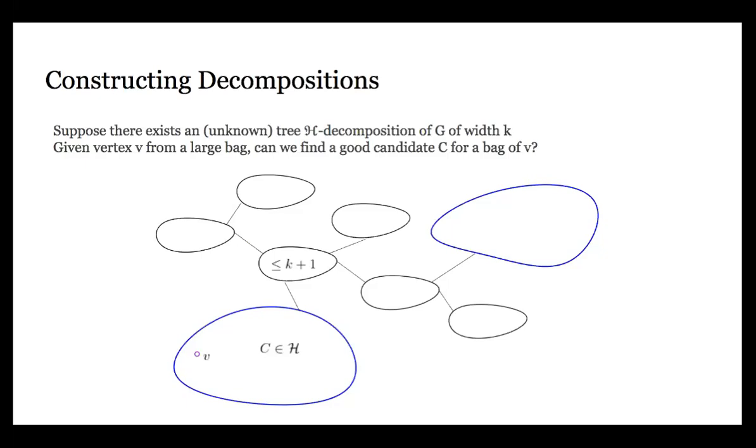So we want to find some vertex set C that includes v, which would have a small separator of size at most k+1 that would separate it from anything else in our graph.